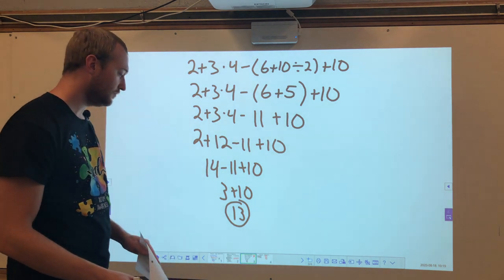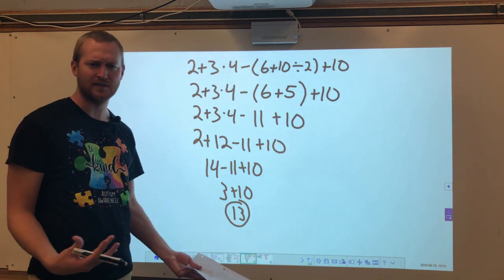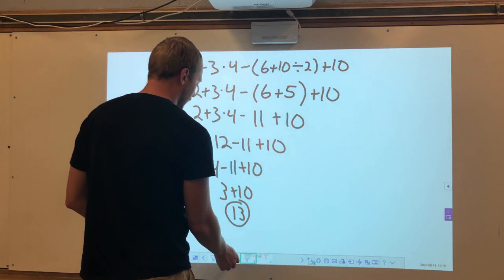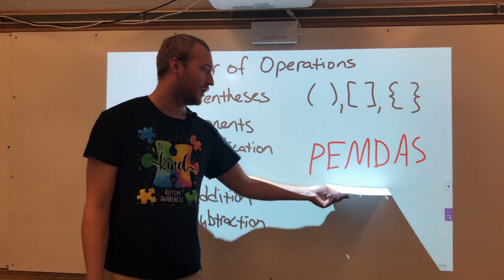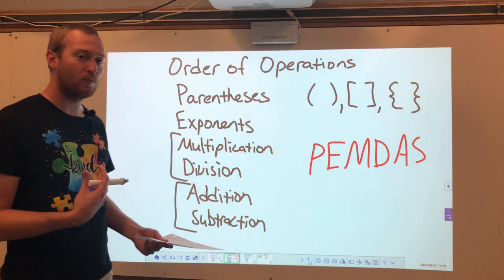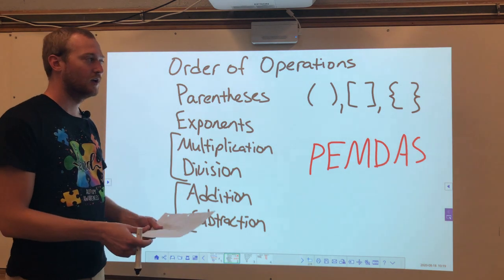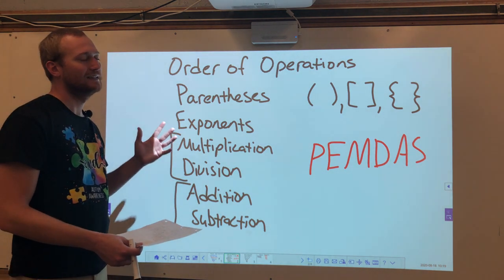And it's really important when we're trying to calculate real world things. We have to make sure we're all getting the same answer, right? Now, when I jump back to this slide, you might have noticed this big red PEMDAS. That's how we're going to remember what the order of operations is: parentheses, exponents, multiplication, division, addition, subtraction.